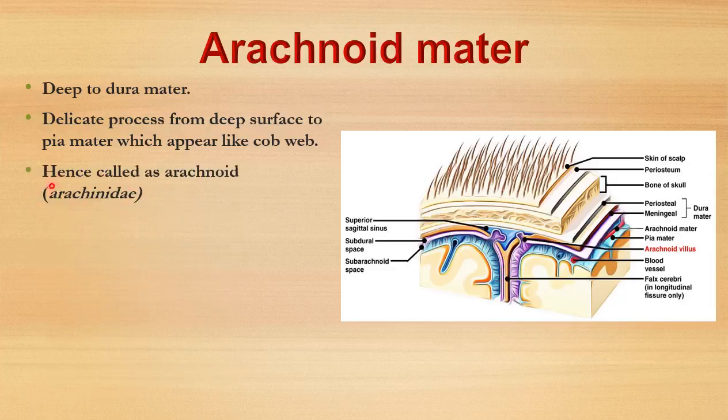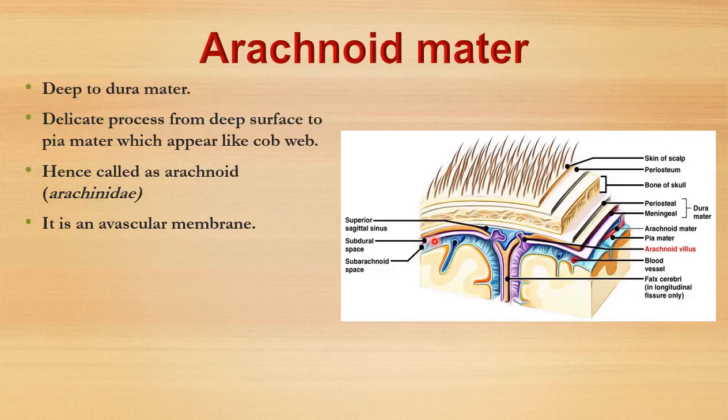These are the arachnids. So trabeculated tissue divides the subarachnoid space into numerous trabeculated spaces. Again, this is avascular, and it is also insensitive to pain.